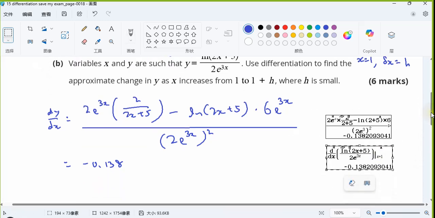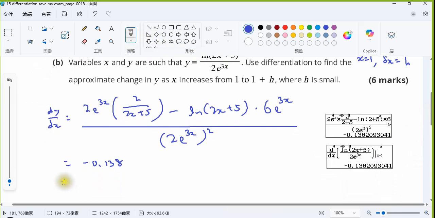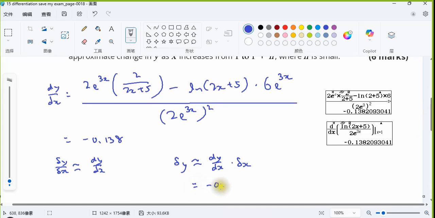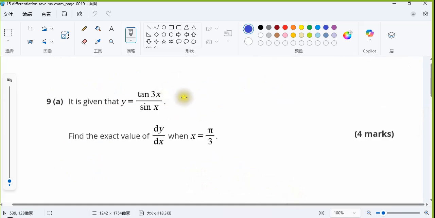Okay, so we know that delta y over delta x approximates dy/dx. So delta y approximates dy/dx times delta x. Then it will be negative 0.138h. That's question number 5.